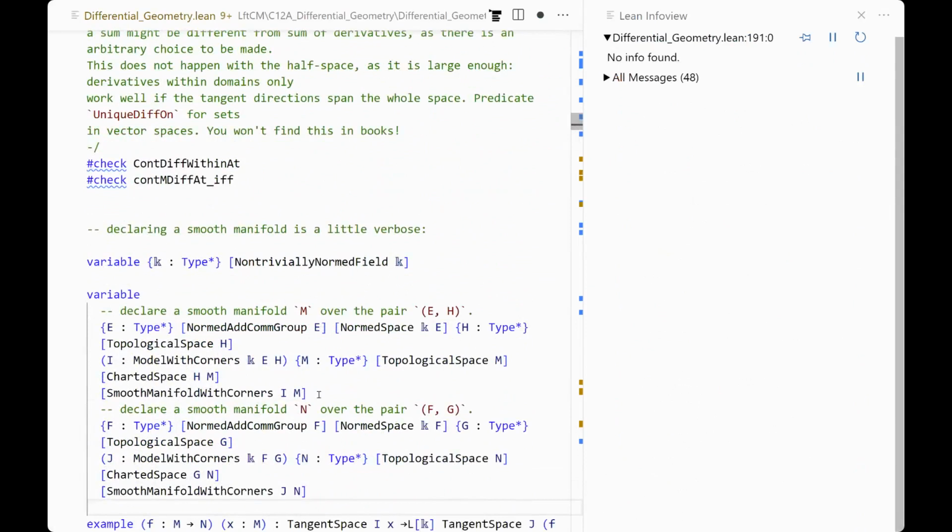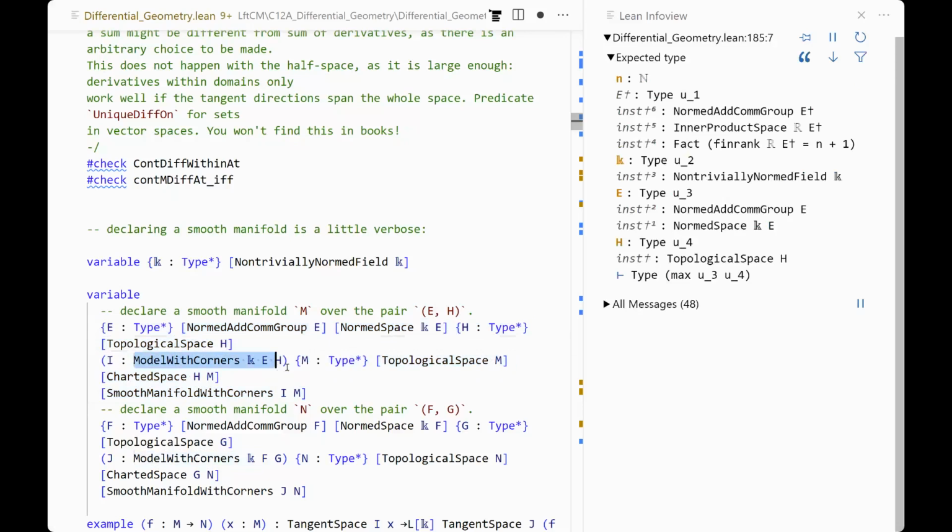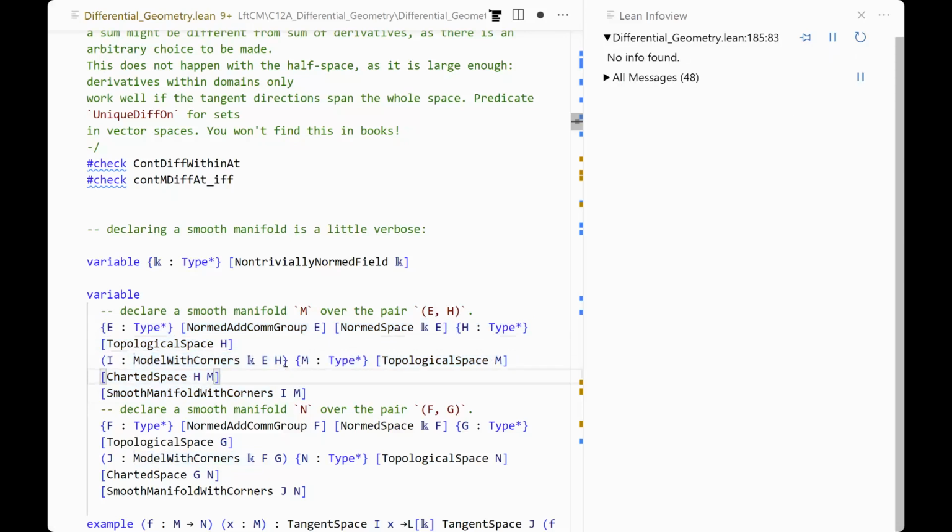All these lines are just saying let M be a smooth manifold, or to be more precise, let M be a smooth manifold modeled by the space H, which you can view as a subset of the vector space or the Banach space E. So E is a normed space, H is just a topological space. Then we have this model with corners, which is basically just the inclusion map from H to E.